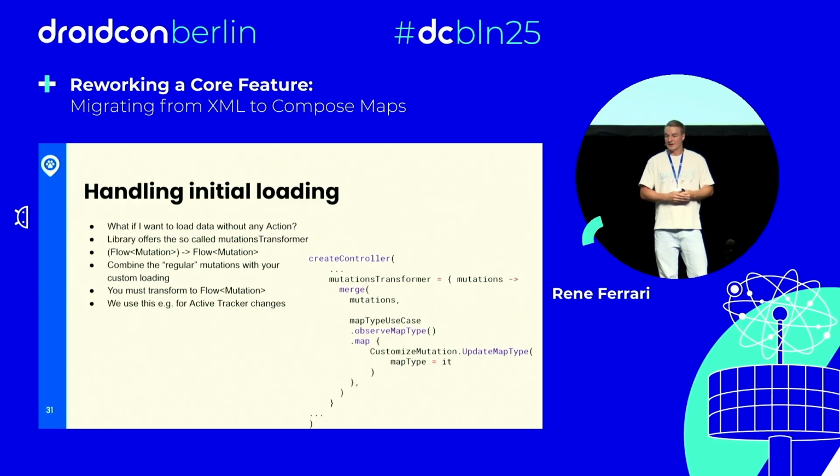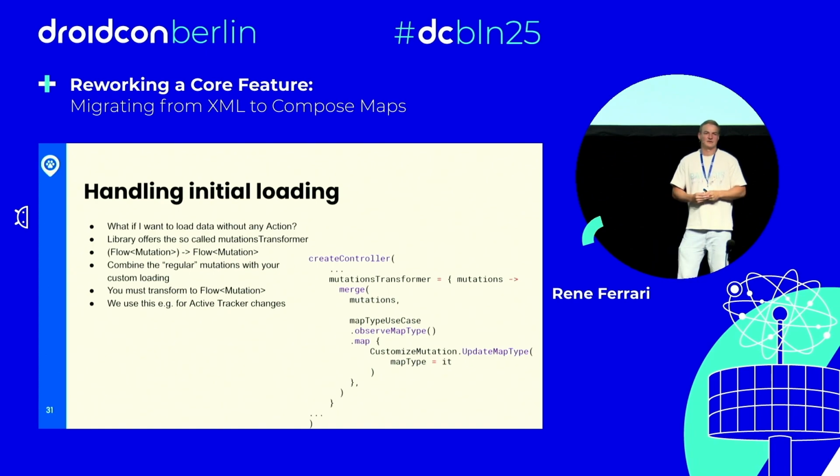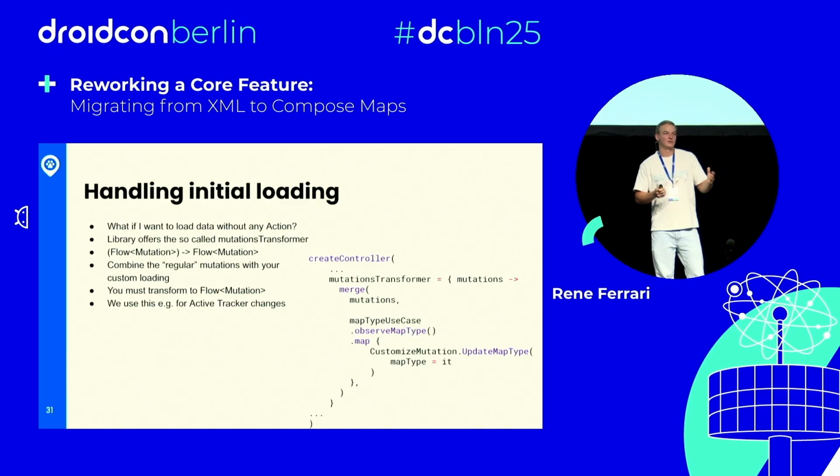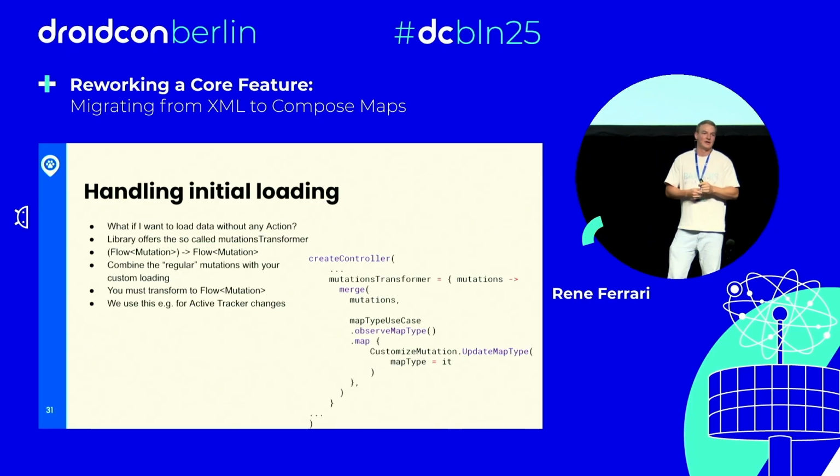The way that can be done with this library is using the mutations transformer, where you get all the mutations, and you can merge the mutations flow with your own. So if I do initial loading, for example, for the map type, knowing what map type to show, I can observe the current map type, combine it with my mutations flow, and update the current map type before an action was actually triggered.